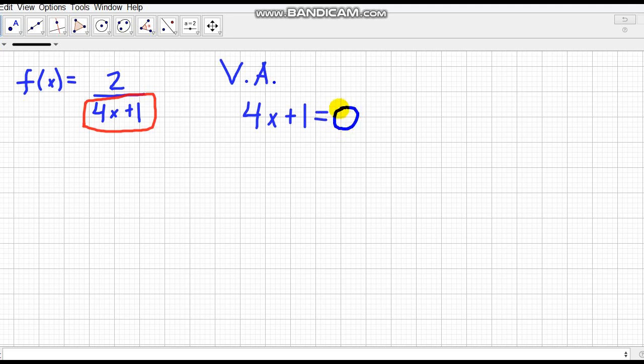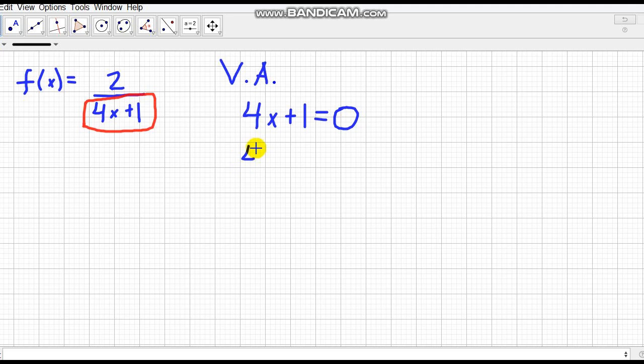equals 0. Why 0? If it's 0, then the function will become a number divided by 0, which becomes undefined. So we know that there's no value if it's undefined. That's why it becomes an asymptote. It approaches that part, but it never reaches that part. So let's solve for x here.